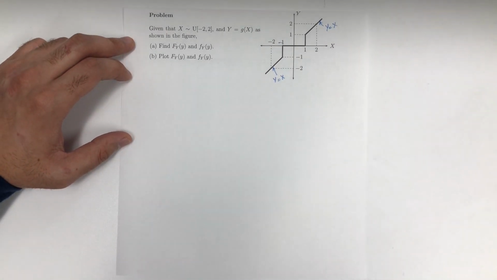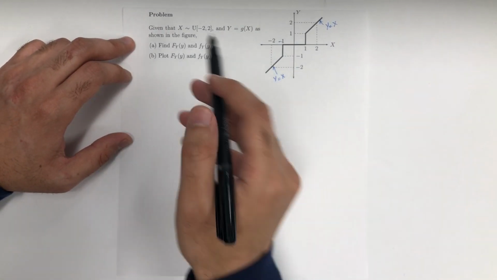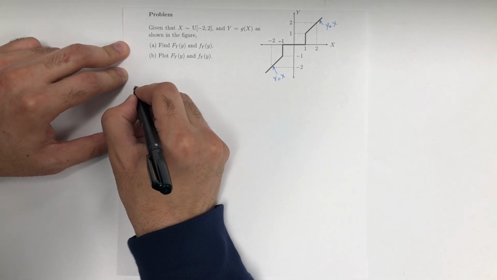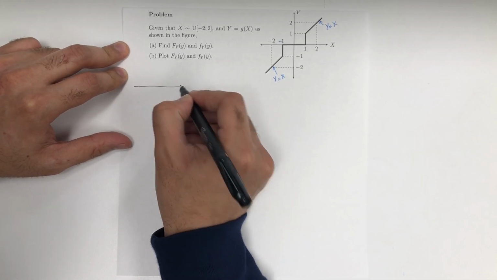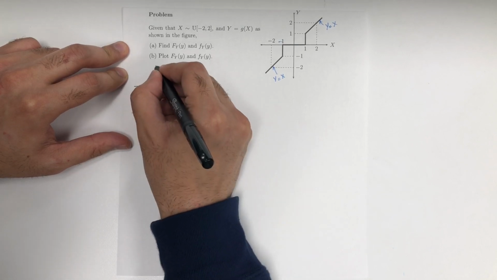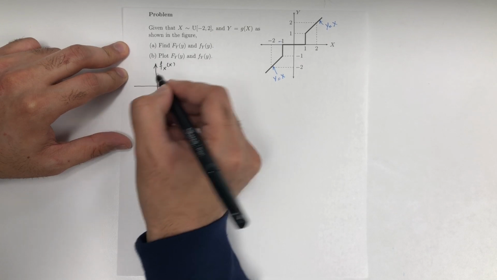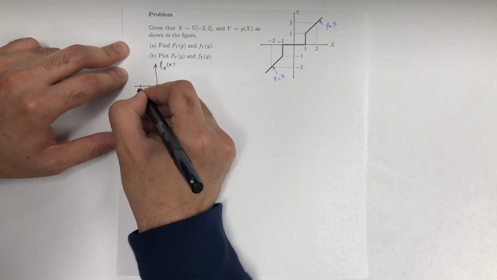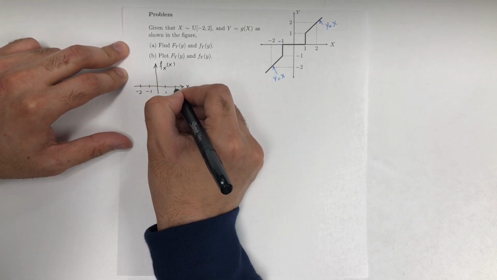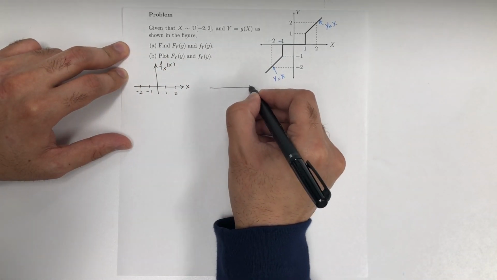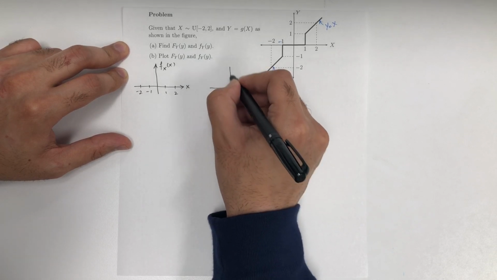So the first thing that immediately comes from the statement here is that I can find the density function and distribution function of x. And because I know x is uniformly distributed between -2 and 2, I can straight away plot both the density and distribution function of x.